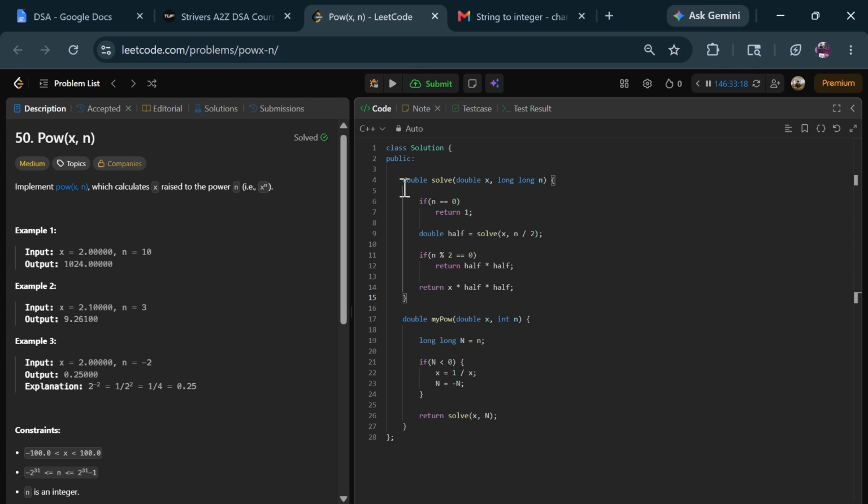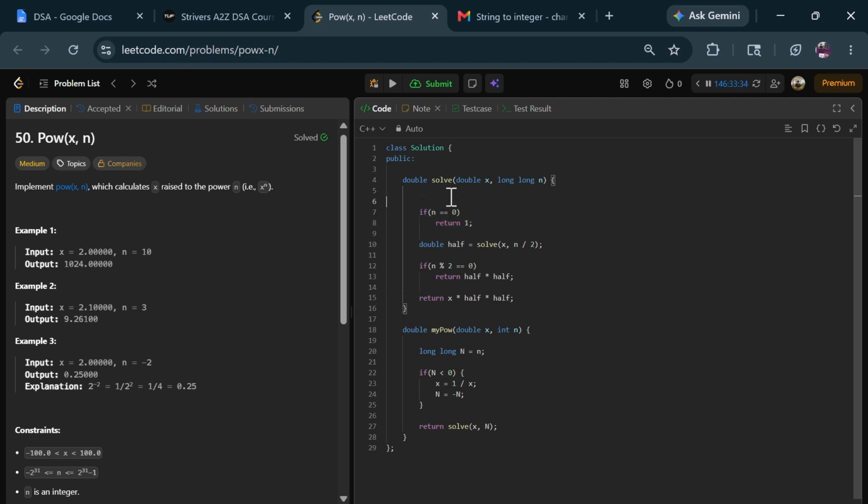What's going on here? Let's observe clearly. In the solve function, we have a double x and the power n that we need to calculate. First of all, we know the steps. First, we need to check the base condition. Always remember that first we need to see the base condition.